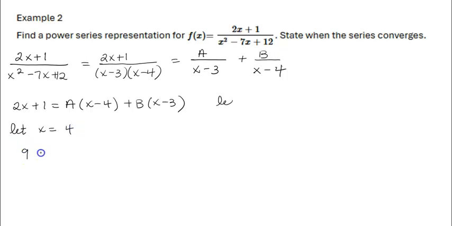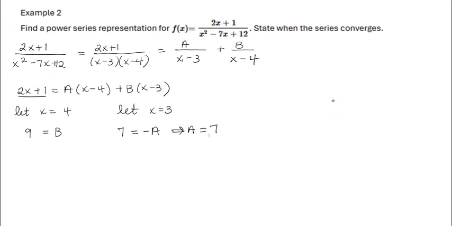It will give me 9 equals b. And then I will also let x equal 3. That will give me 7. Plugging 3 into this side equals negative a, which implies that a is equal to a positive 7.